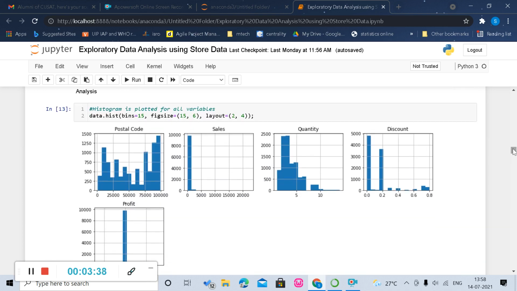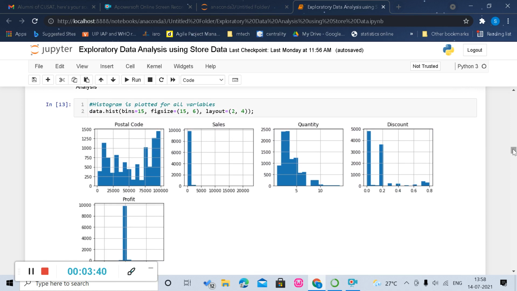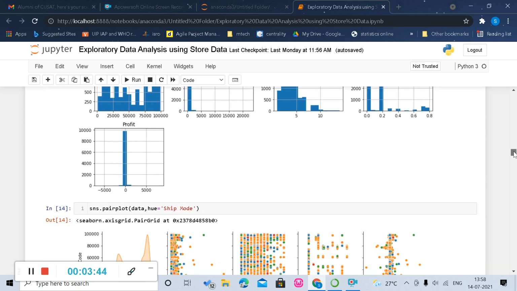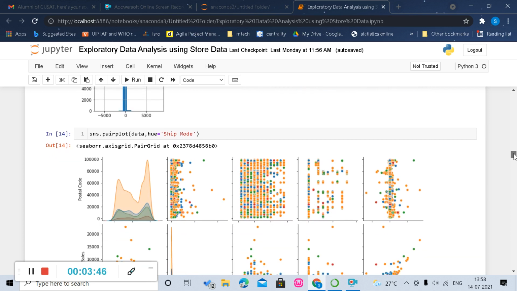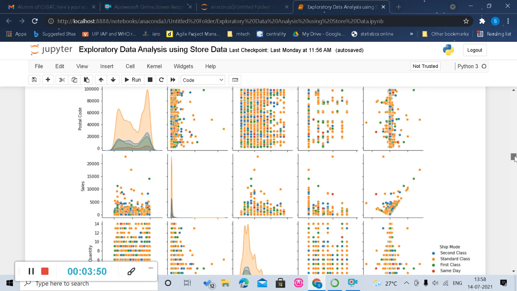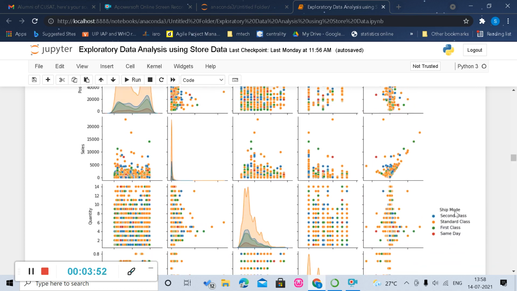Coming to the next, this is a histogram plotted for all variables. The next one is a pair plot, which is done for ship mode. Ship mode is the column which has 4 different values: second class, standard class, first class, and same day.